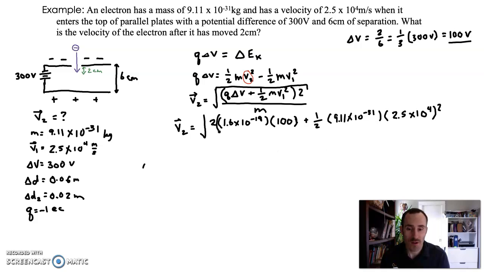Okay, and all of this stuff is multiplied by 2. And we divide that by 9.11 times 10 to the negative 31. Okay, all of this is square rooted.